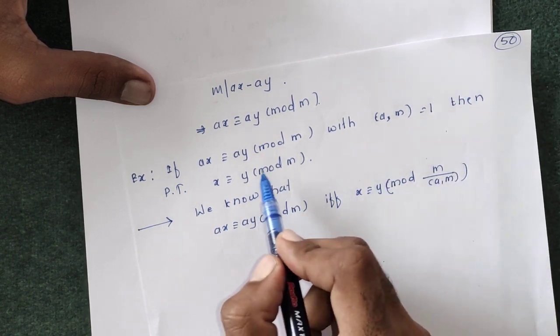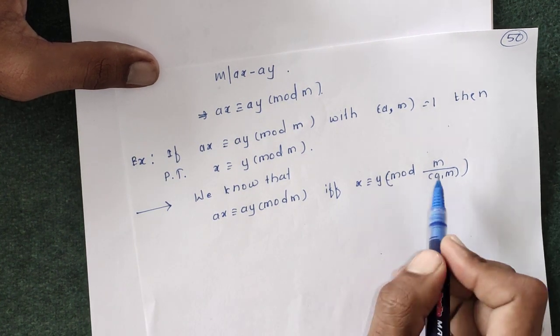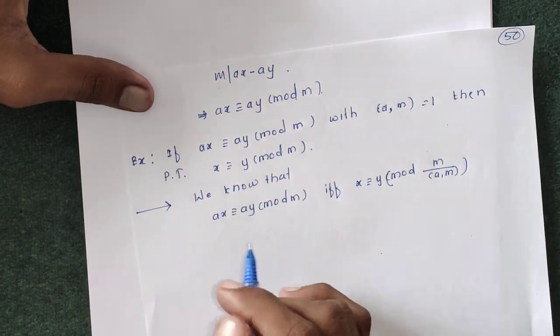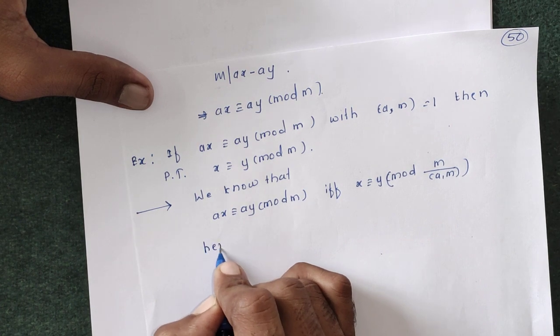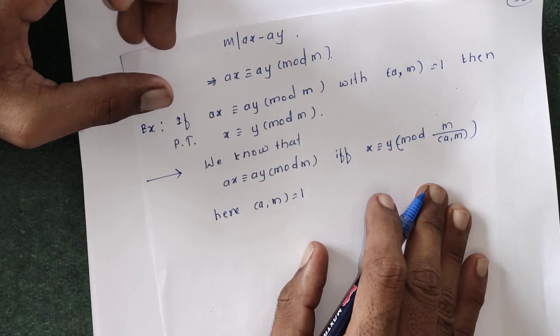Using this result, here we can directly write x is congruent to y modulo m, since GCD of a and m is equal to 1.